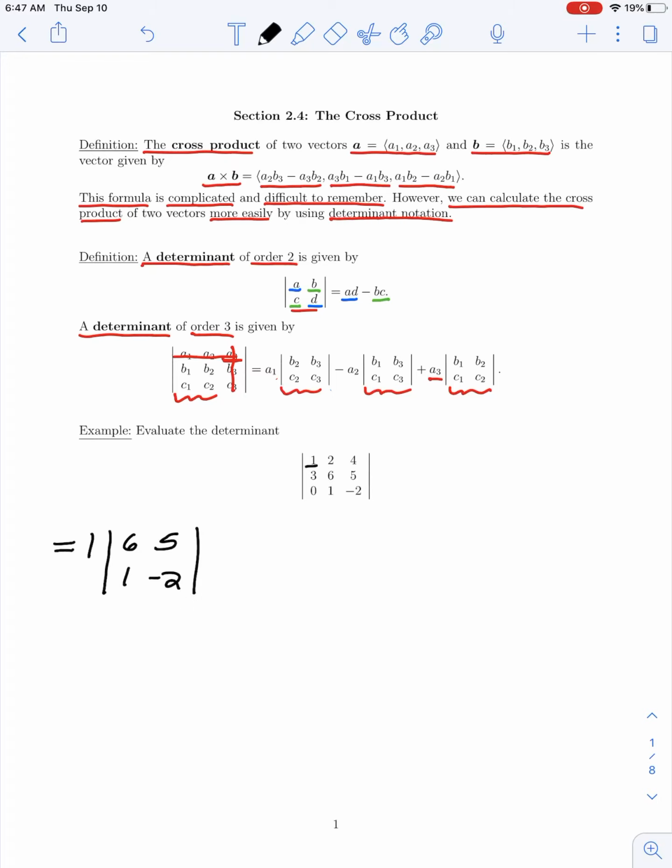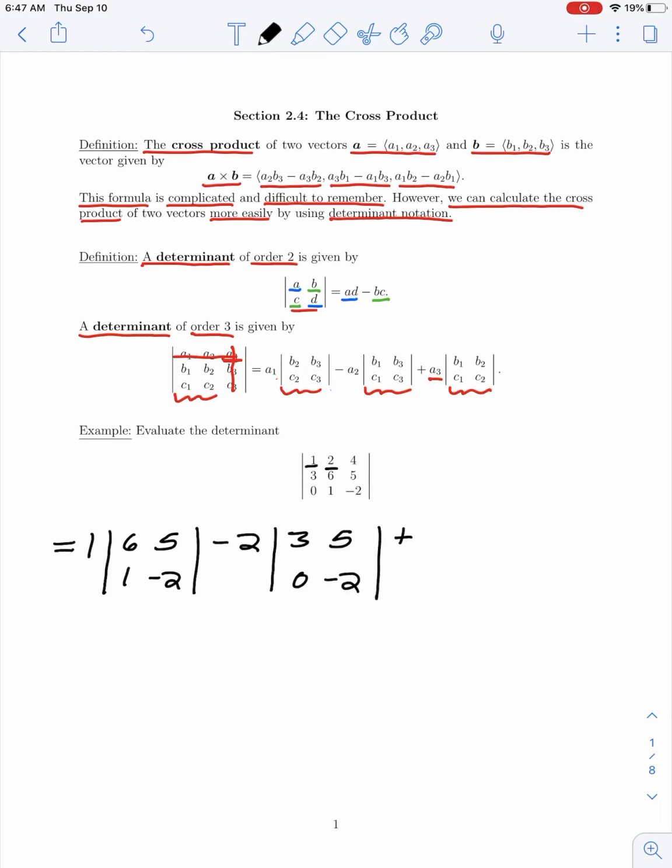Then the next part of my formula, I'm supposed to subtract the second entry in the first row, which was 2, times the determinant of the 2 by 2 submatrix I get by deleting the first row and second column. That is the row and column that this entry 2 was lying in. So that would leave me with the matrix 3, 5, 0, negative 2.